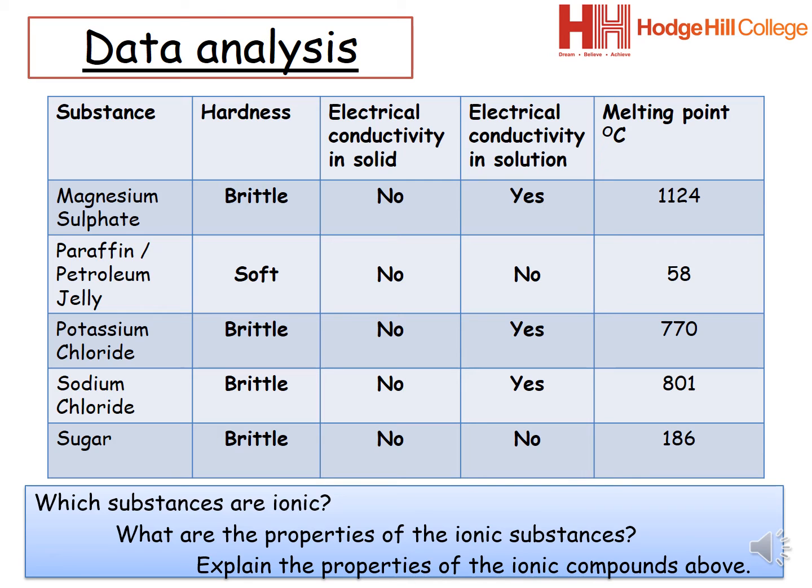Look at magnesium sulfate versus paraffin or petroleum jelly, which is not an ionic compound. Compare that to potassium chloride, sodium chloride, and sugar. What do you notice? Now, all the ionic compounds are brittle. They're not soft, they are brittle. They are hard, but they are also brittle.